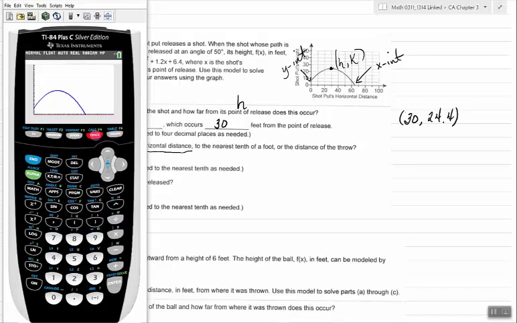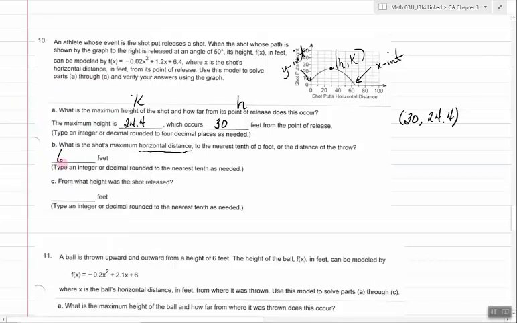Second, calc, intersect, which is number 5. Let's head over to it. You don't have to do left and right, you just have to get close and hit enter, enter, enter. It says to round the x to the nearest tenth. This is rather small, but it is 64.9. 64.9 feet. From what height was the shot released?